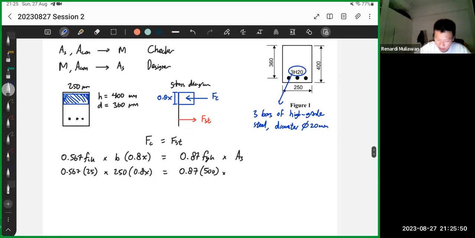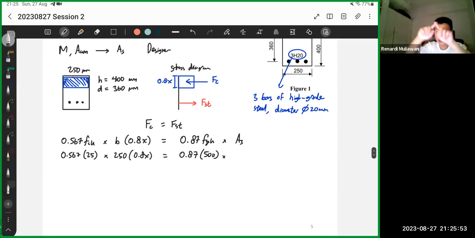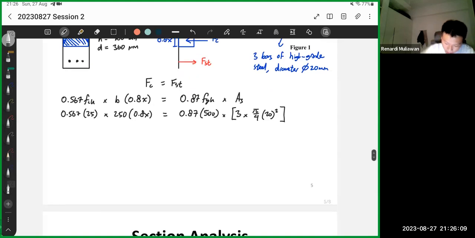Okay, so what's the area of the steel? They actually have a table you can check, but you can also find it manually. Area of circle, so it's 3 times pi over 4 times diameter squared. Then we just solve for x. So left side: 0.567 times 25 times 250 times 0.8.